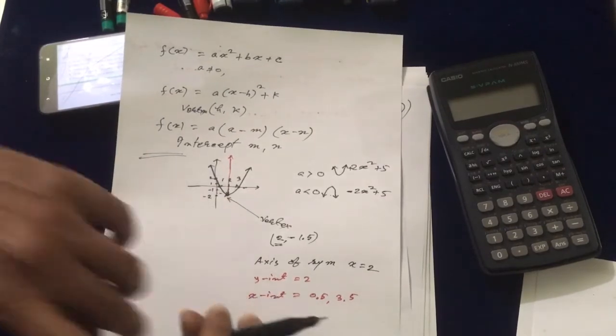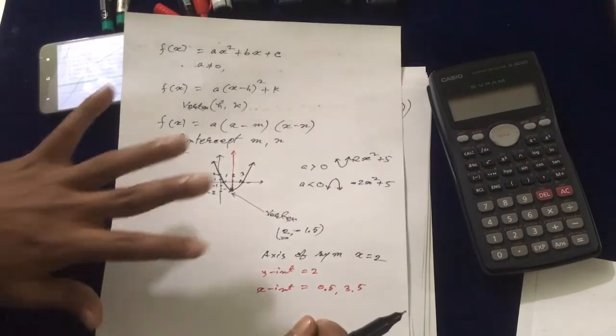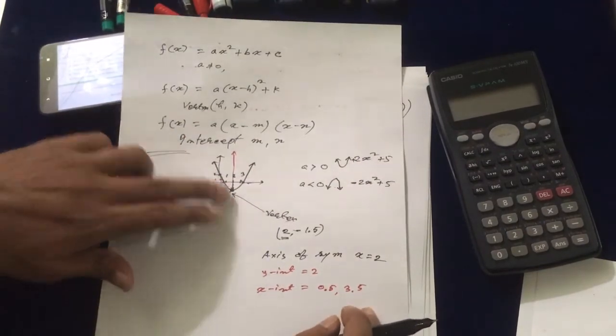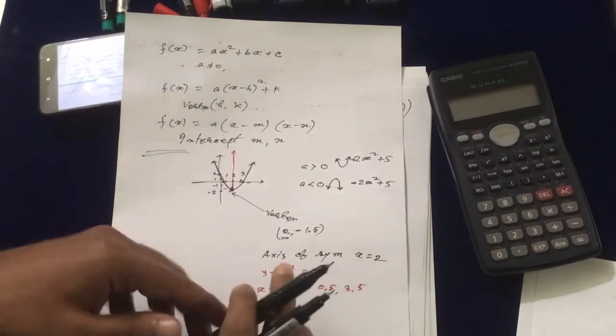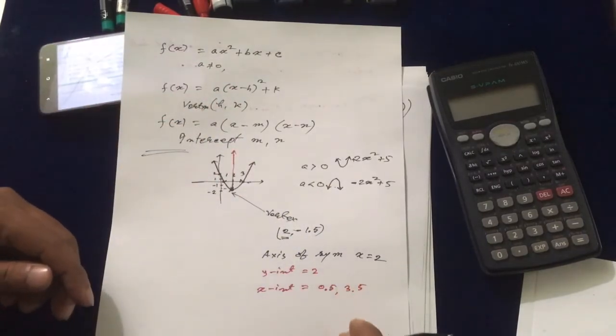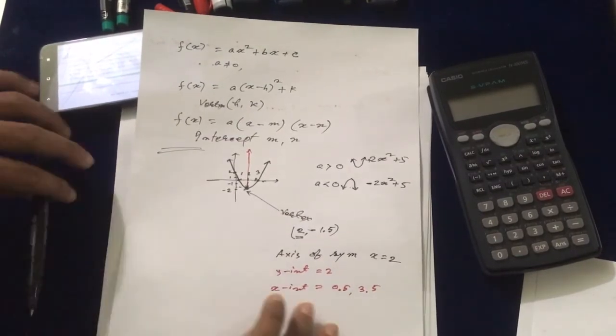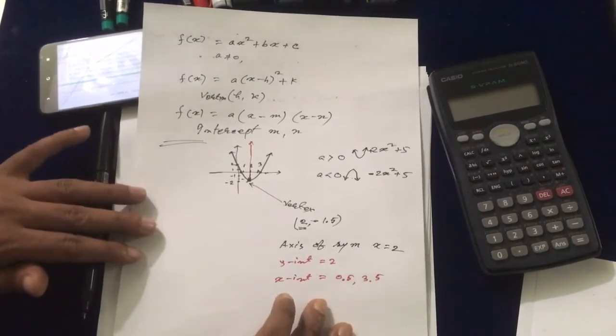Again, I have just drawn it randomly. This is a random graph, that's why I'm just using these values. In a real graph, whatever graph is given, you will try to find the values from that graph. I have drawn this graph without any rigorous modeling.